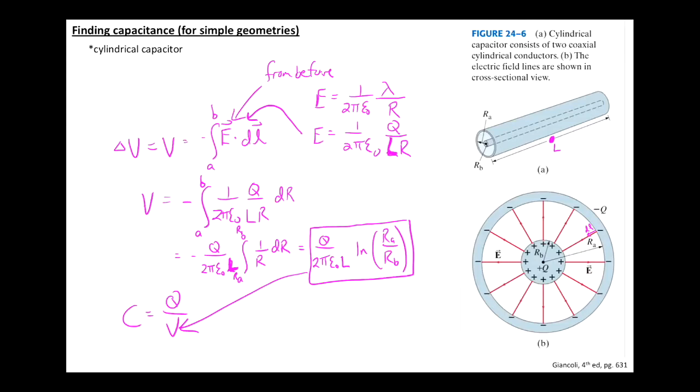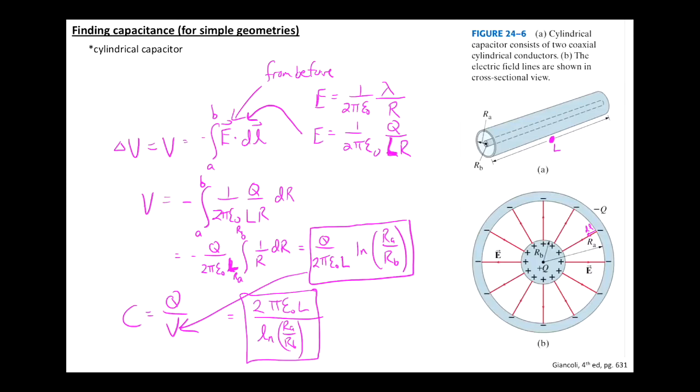So what in the world does that look like once we put that in the denominator? So Q's are going to cancel out, and I'm going to end up with 2 pi epsilon naught L in the numerator, and that's over this. Something like that. Let me make sure I wrote that down right. Yes. Okay?